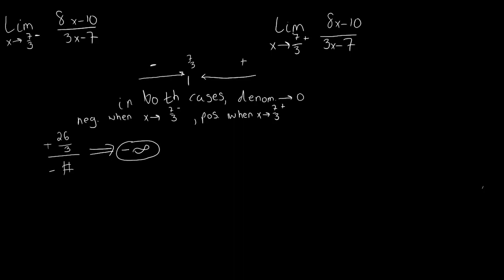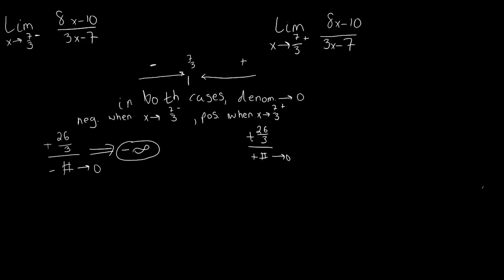And as we look at the numerator here, anything that we plug in to the right of 7/3 is going to return a positive value. Again, it's still going to approach positive 26/3, and it's over some positive number in the denominator. But this positive number itself is approaching 0, similarly to how we had this negative number approaching 0.